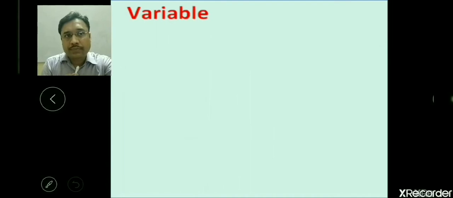Next you have to understand variables, which act just like a packet, in which you can put anything. After that, its value will change. When you are putting different values inside the variable, its value is going to change.